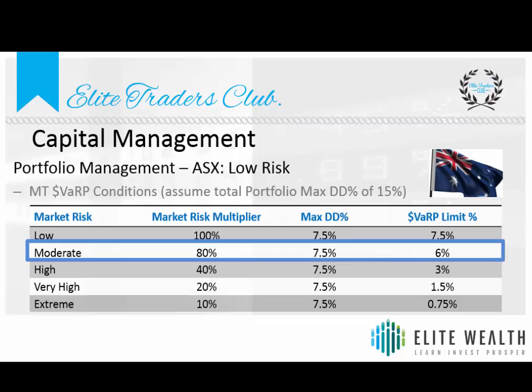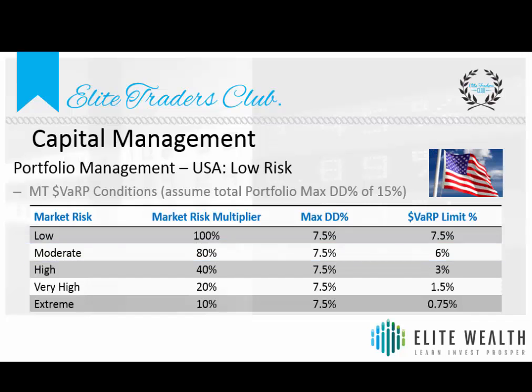On that basis, in the Australian market, half of the total maximum drawdown of 15% is 7.5%. We apply a market risk multiplier of 80%, and we end up with a 6% maximum allowable drawdown, or another way of saying that is a 6% VARP, value at risk across your portfolio, for the Australian market.